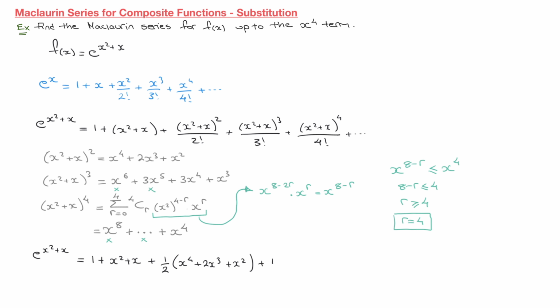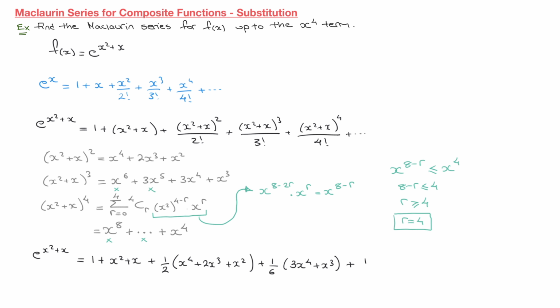I'll quickly write that, plus 1 over 6 times in parentheses the terms we're keeping from x squared plus x cubed, which were 3x to the power of 4 plus x cubed. So that's 3x to the power of 4 plus x cubed, plus 1 over 4 factorial, and 4 factorial, well, that's 4 times 3 times 2 times 1, which is 24.